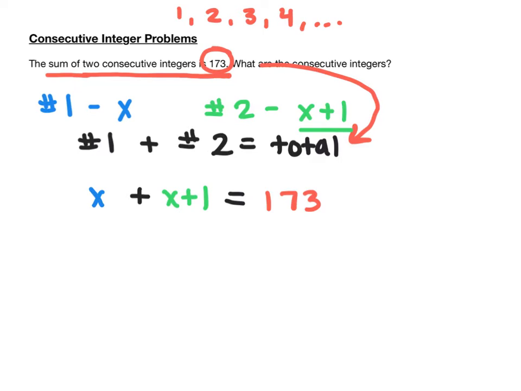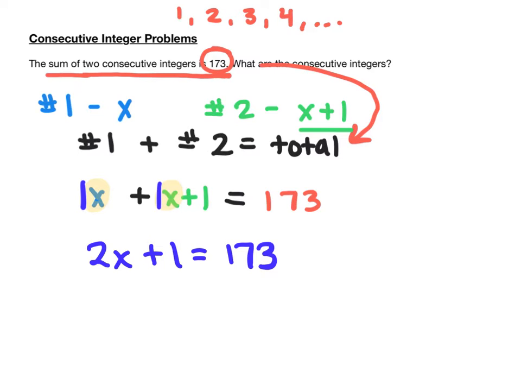Now, in order to solve this type of problem, first we're going to combine like terms. So I could combine the x with the x, and we know that since it's an x, there's really a 1 in front of the x for both of these. So if I were to add 1x plus 1x, it would give me 2x plus 1 equals 173.